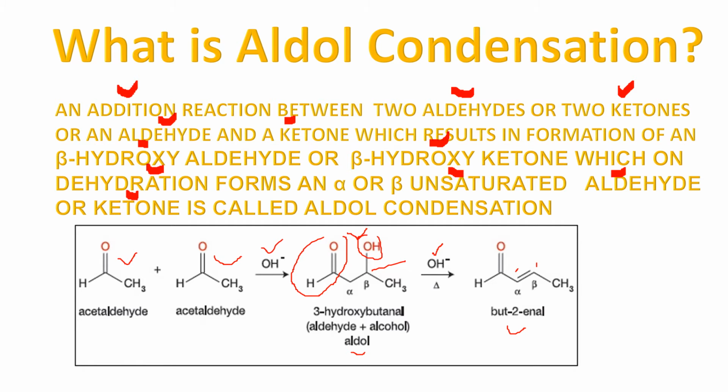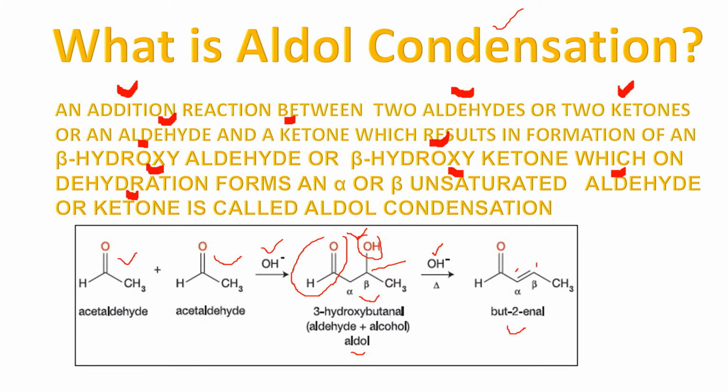So this is what happens in aldol condensation. Now if the reaction stops only at this point, that is we get beta hydroxyaldehyde, and we don't do further dehydration, we simply call the reaction aldol reaction. If dehydration also happens, then we call it aldol condensation.